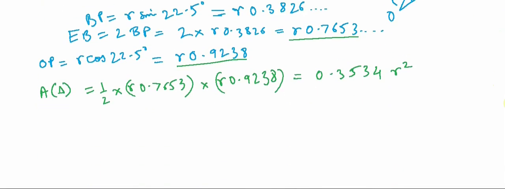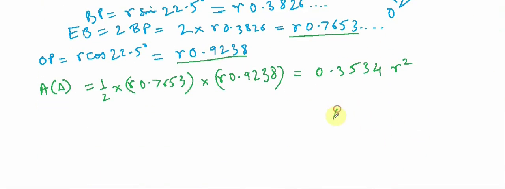which gives us the area of the octagon equal to 2.8272 R square. So let me box this as well.